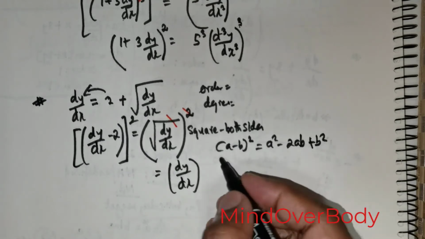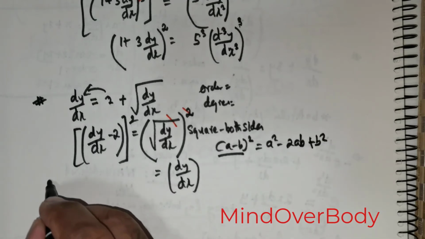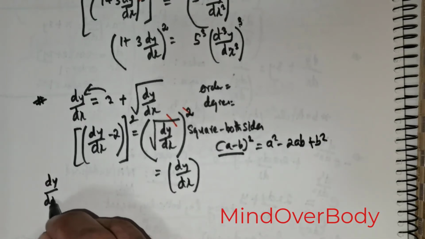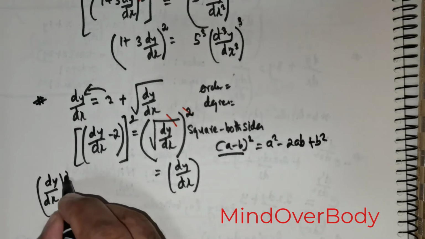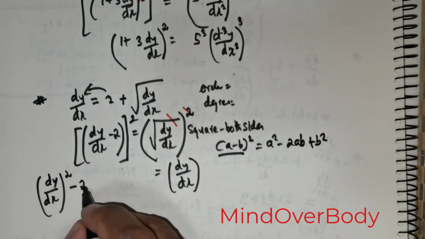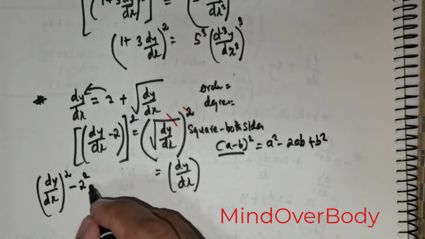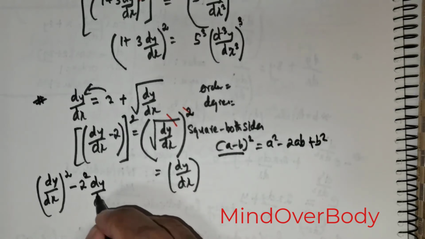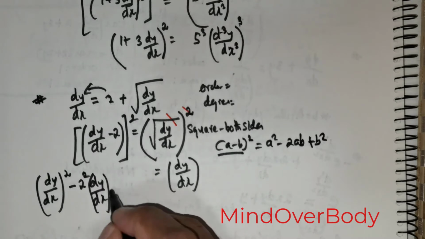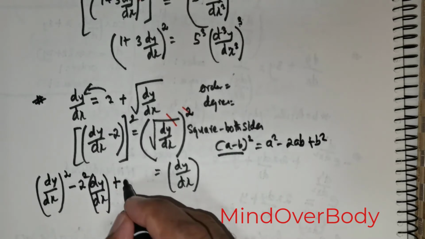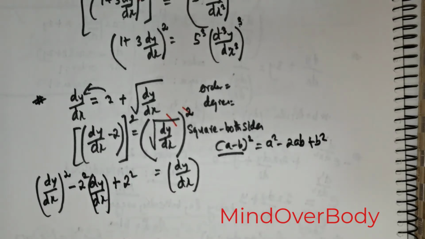So if I were to use this expansion, this is going to be dy over dx raised to the power of 2 minus 2 times, and there is a 2 there, that means there's going to be 2 times dy over dx, followed by 2 squared. So this is what I've got.